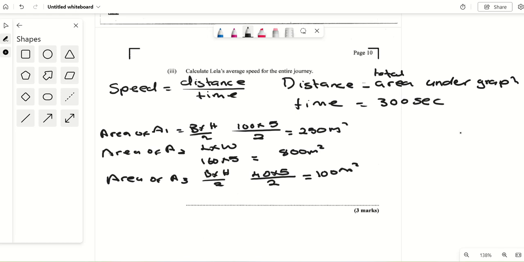So we know my total area would be 250 plus 800 plus 100, which is A1, A2, and A3.